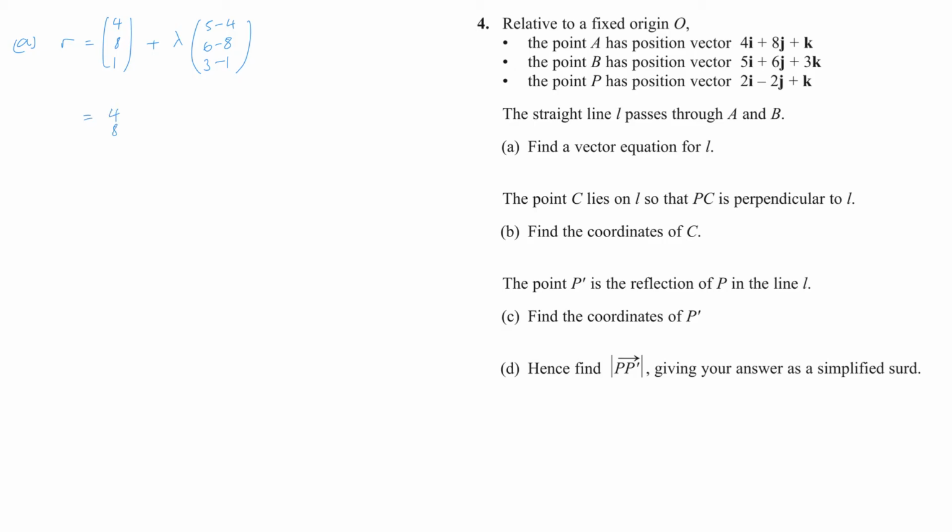So it's 4, 8, 1 plus lambda 1, minus 2, 2. Or r equals 4i plus 8j plus k plus lambda i minus 2j plus 2k. Either way of writing it. And that's position vector L.